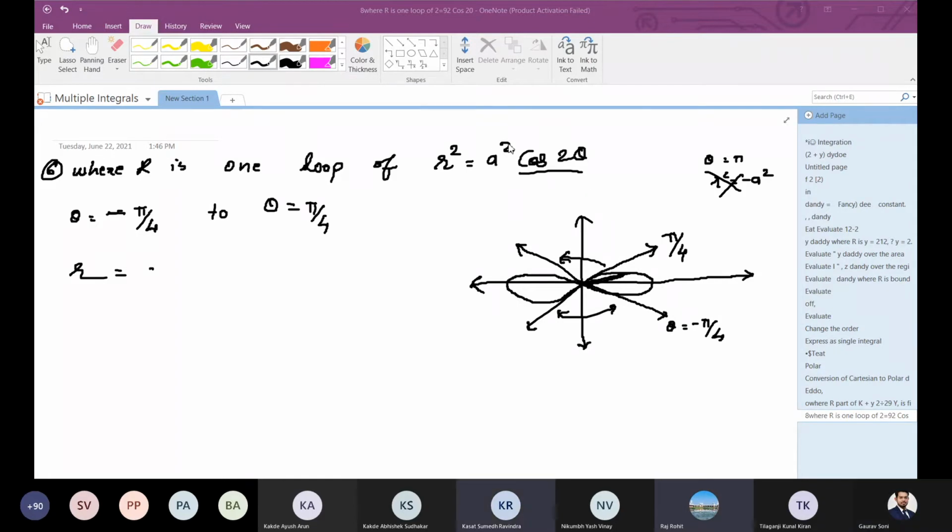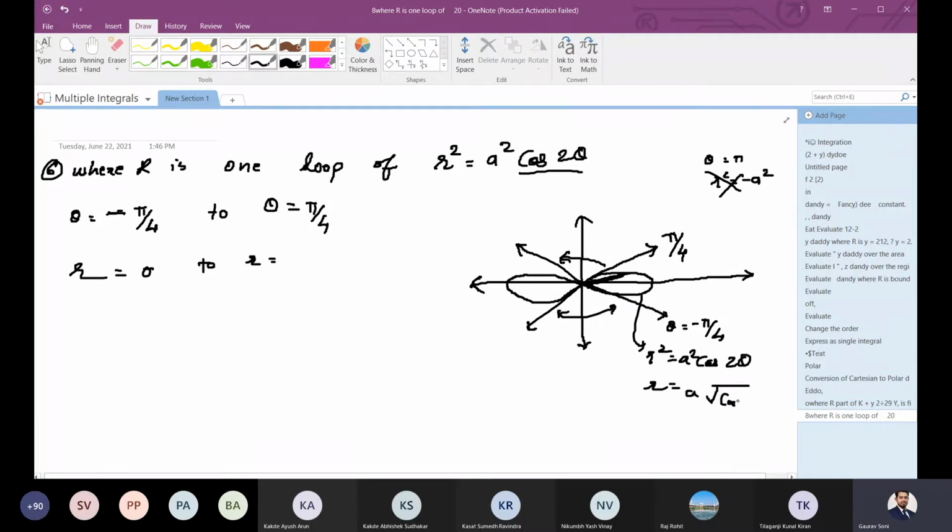Sir, 0 to a square. 0 to a square, what is the upper limit of r? What is the equation of the curve? The equation of the curve is r square equal to a square cos 2 theta. What is the value of r from this? a under root cos 2 theta, and Rohit has no idea?